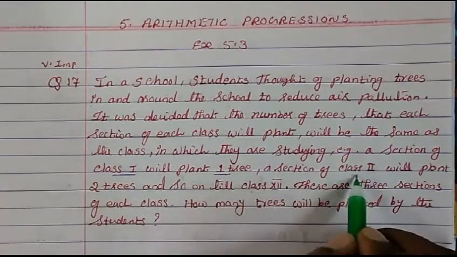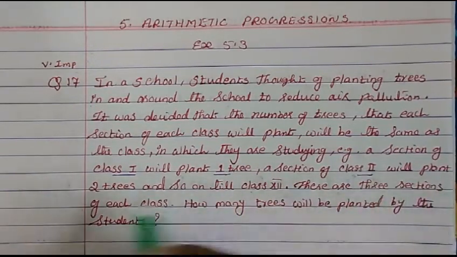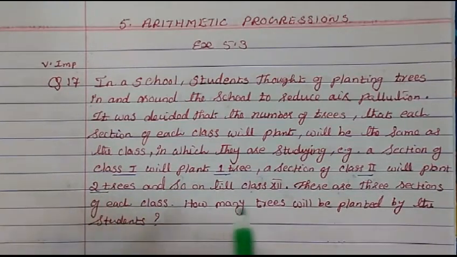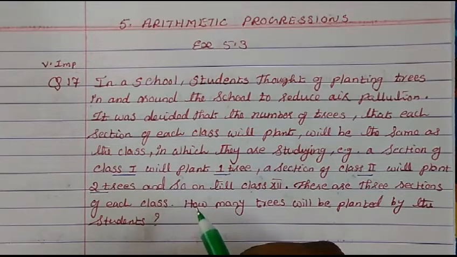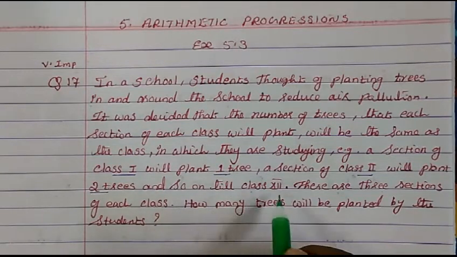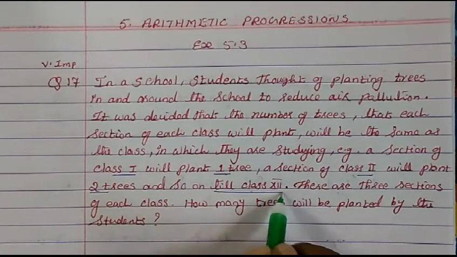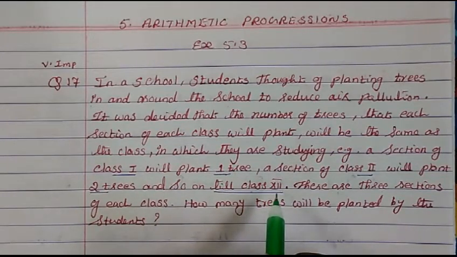If the student is in second standard, they will plant 2 trees. If third standard, they will plant 3 trees. If fourth standard, 4 trees. So like that till standard 12. That means those who are in standard 12, they have to plant 12 trees.